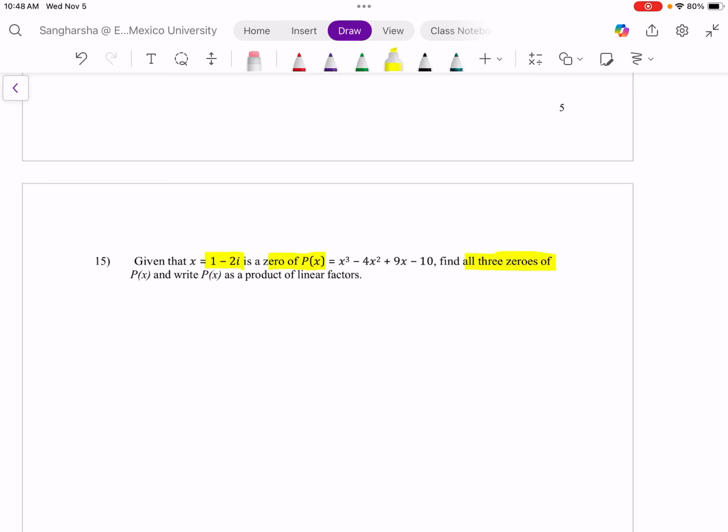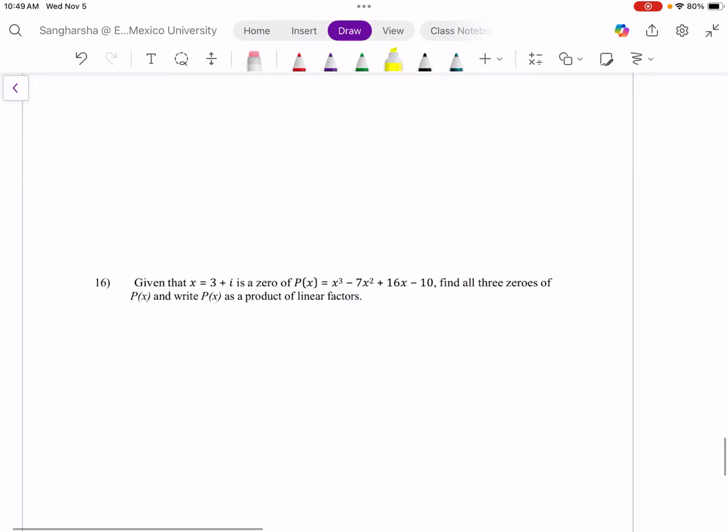Out of those three zeros, can you tell me one zero without solving anything? It's going to be 1 plus 2i. We already have 1 minus 2i, so its conjugate, 1 plus 2i, is another zero, and your target is to find the third real zero. In a similar way, here we have 3 plus i as one zero. Since this is a complex zero, its conjugate, 3 minus i, is the second zero. And we will learn how to find the third zero.